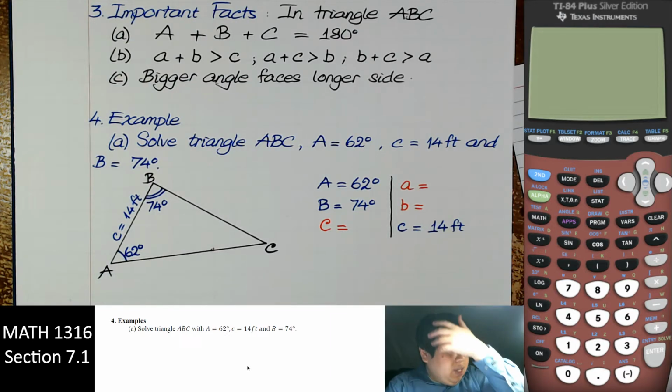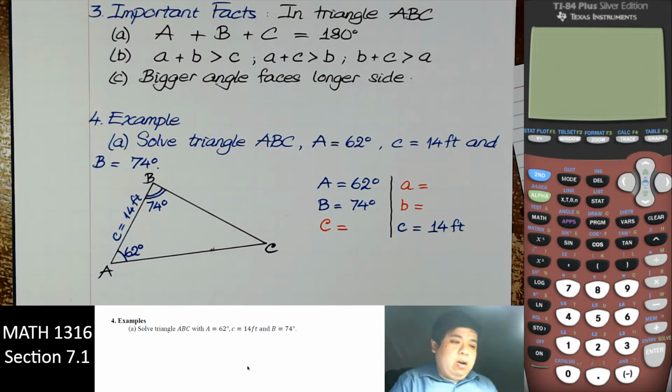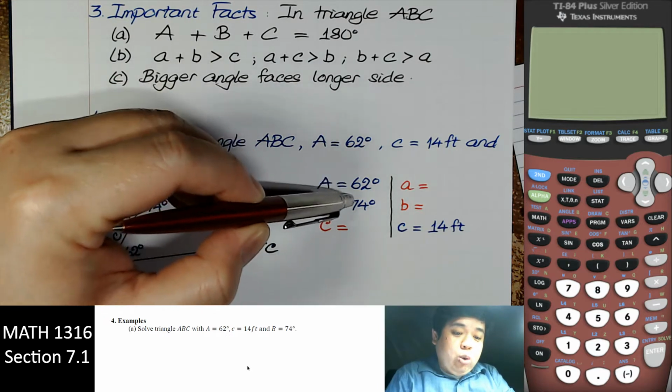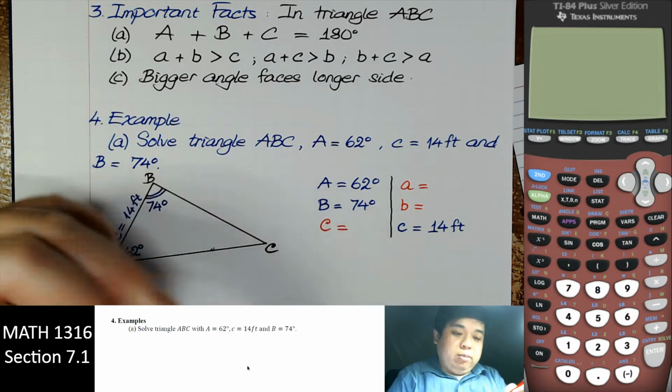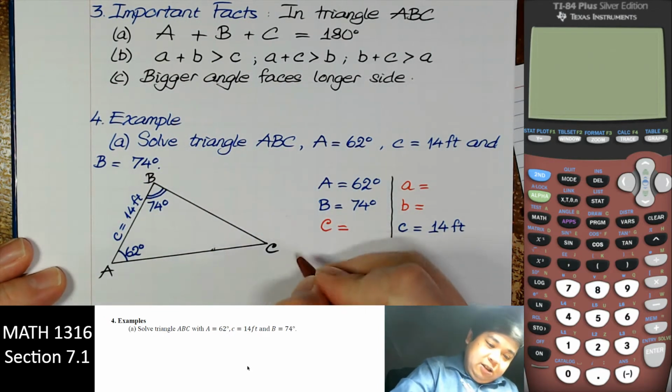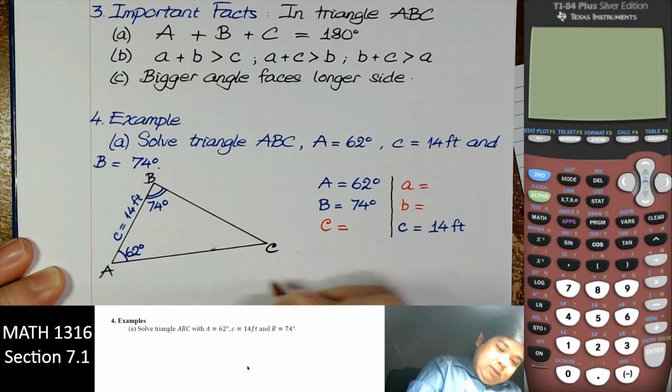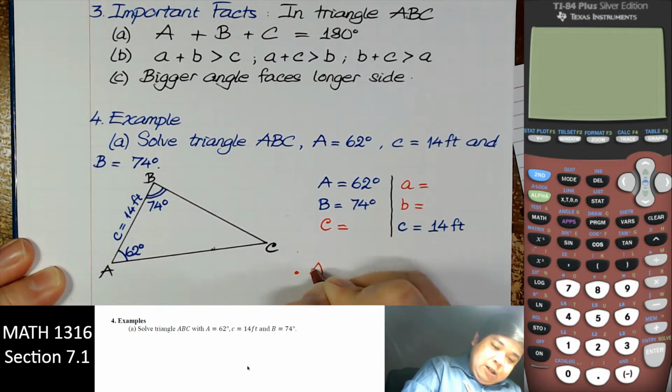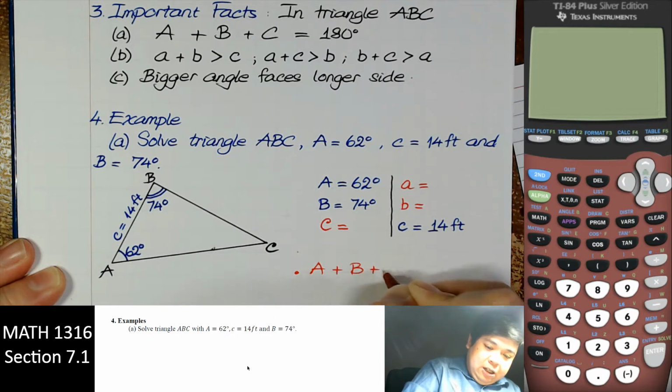Now, what can we do? First, obviously, if we know two angles, we know the third one. So let's start with that. A plus B plus C equal to 180 degrees.